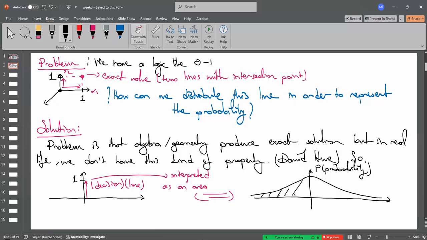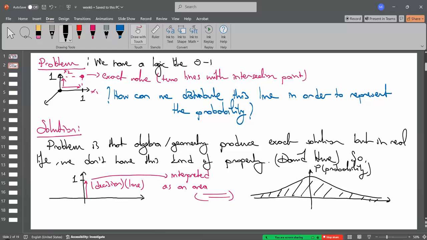We can split, or we can remodel this line into the area form of these terms, okay? Just remember the system dynamics, or the signal processing lesson, or the DSP, digital signal processing lesson. If we want to define or model any signal, we apply the convolution with a specific pattern, which we call the Dirac delta function, right?